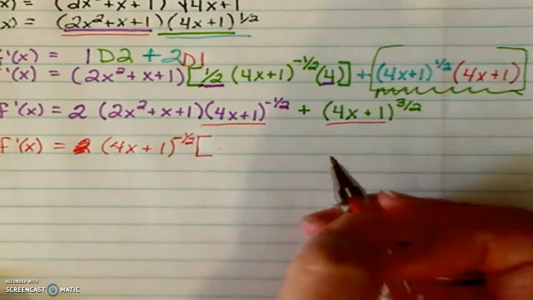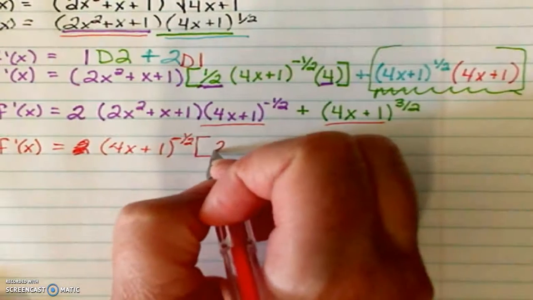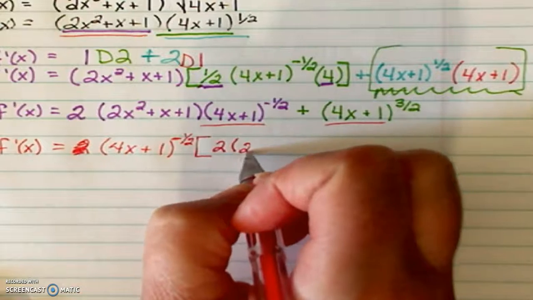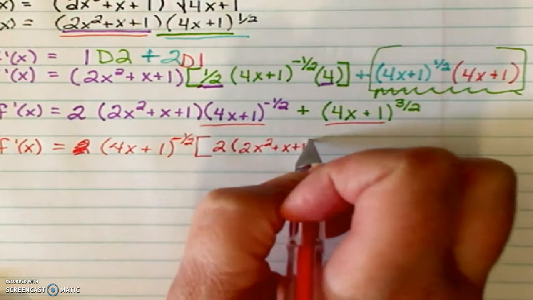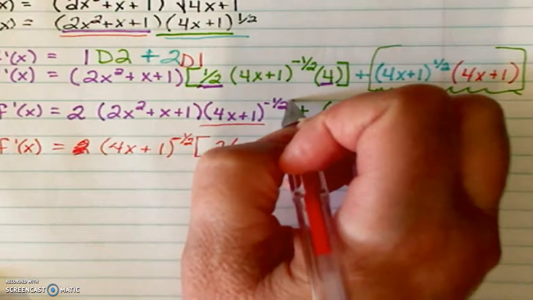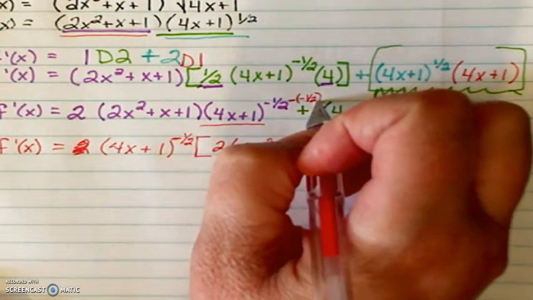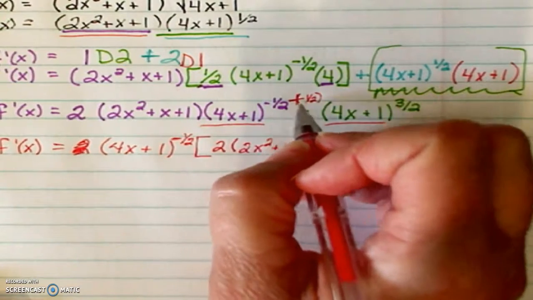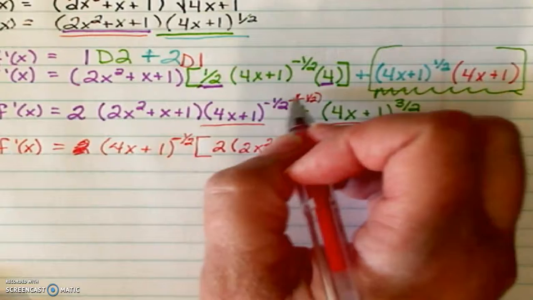So what we are left with in the first term is a factor of 2 and that quantity 2x squared plus x plus 1. Because remember, we want to subtract what we factor out, so we subtract that negative 1/2. When you subtract the negative, it becomes a positive. Negative 1/2 and 1/2 is 0, so this has a value of 1 now.